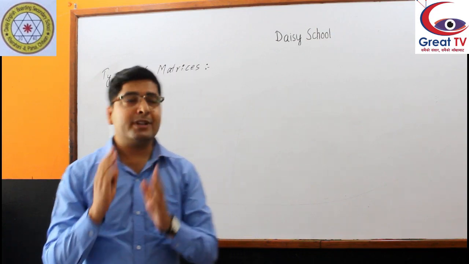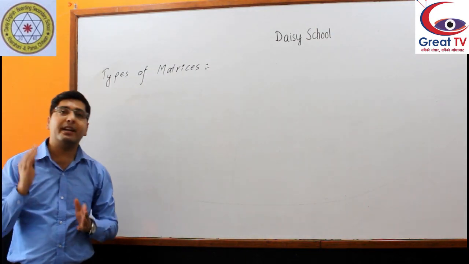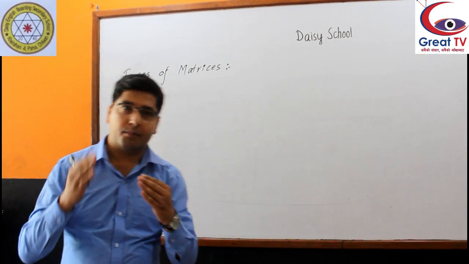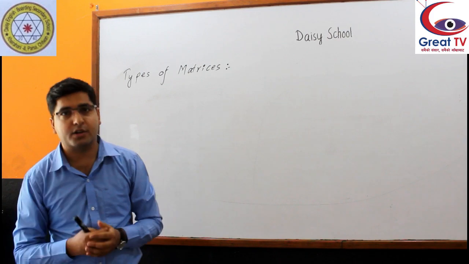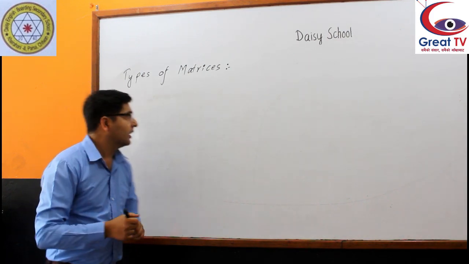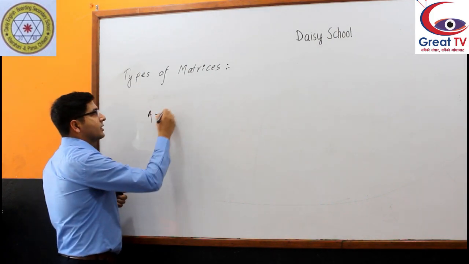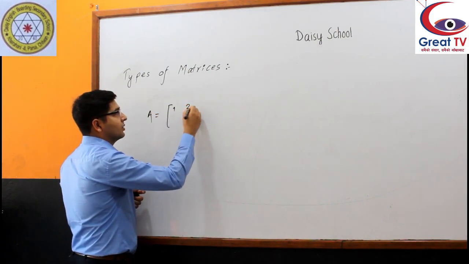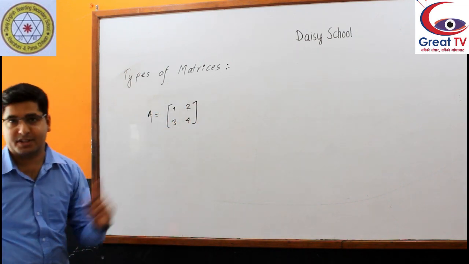Students, before starting the concept of types of matrix, I want to recall the pre-concept from our previous videos: how to write the order, or what is a row and column of a matrix. If we have given one matrix A equals 1, 2, 3, 4, then you have to write the order of this matrix.